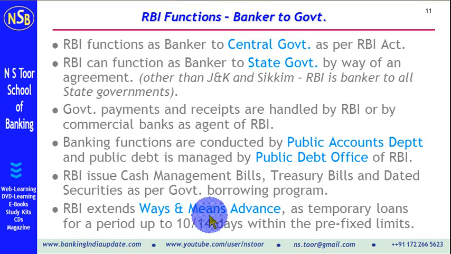And the amount of these advances is within prefixed limits. So these limits are mutually settled by the government and Reserve Bank of India. So these are various main functions of RBI so far its role as banker to government is concerned.